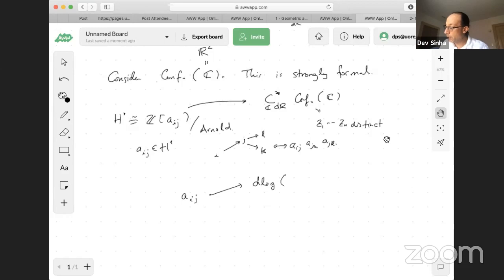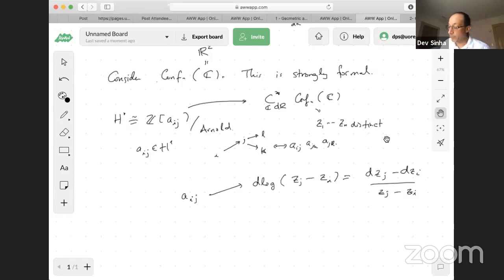If I take Zj minus Zi, that's some other complex number that's non-zero, and I can take the differential of the log. Now the log itself is a multi-valued function, but its differential ends up being perfectly well defined, and it's just dzj minus dzi over zj minus zi.